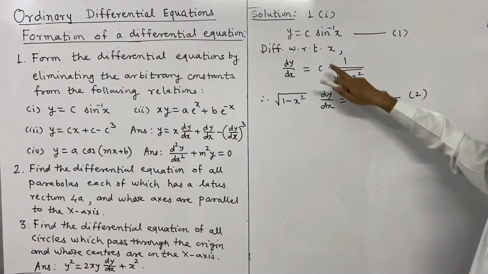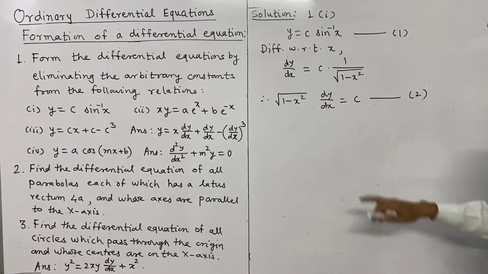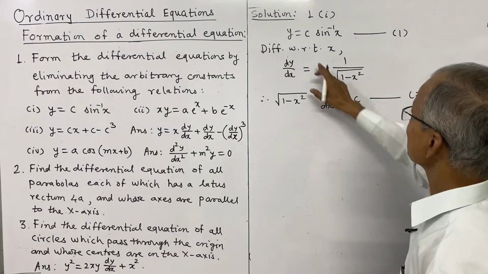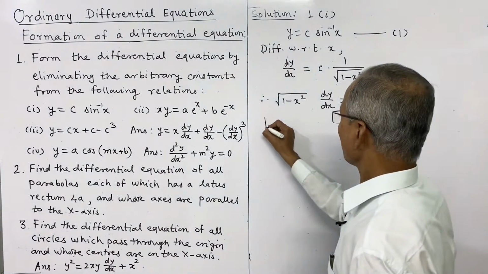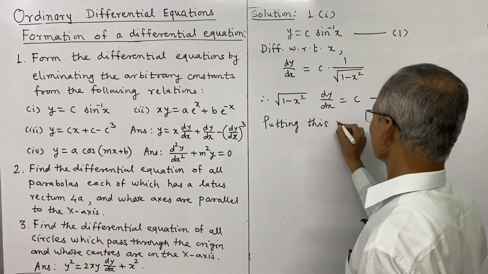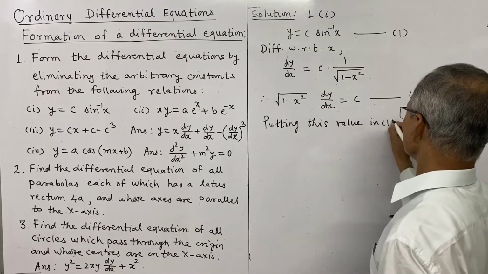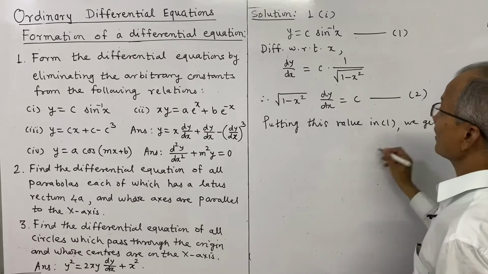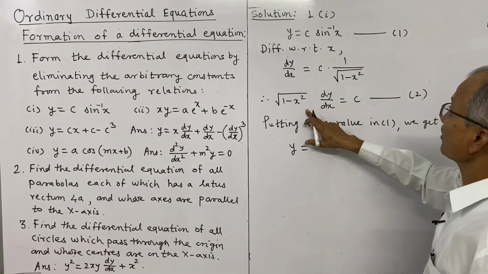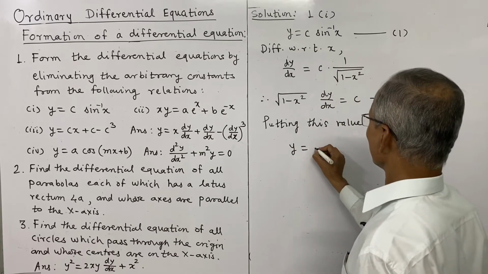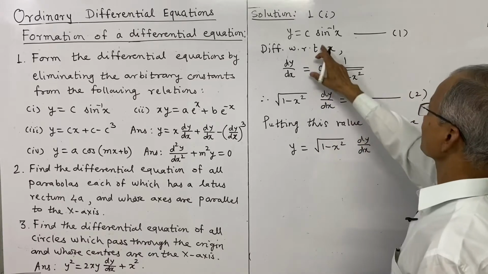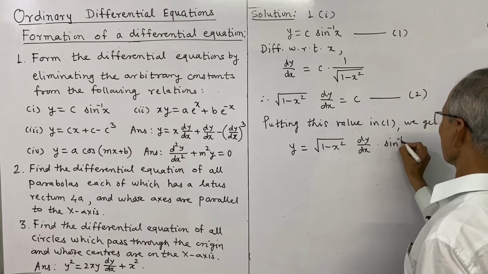Now we put this value of c in the first relation, and we get y = √(1 − x²) dy/dx into sin⁻¹x.